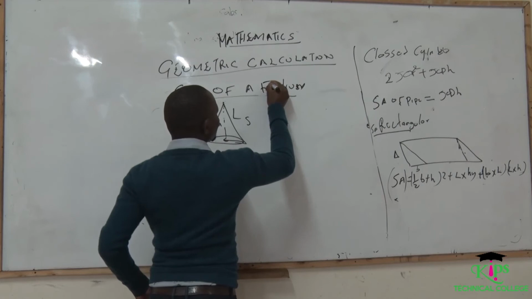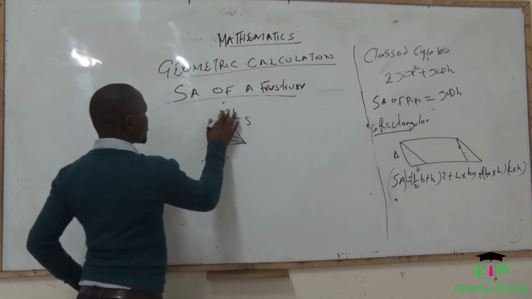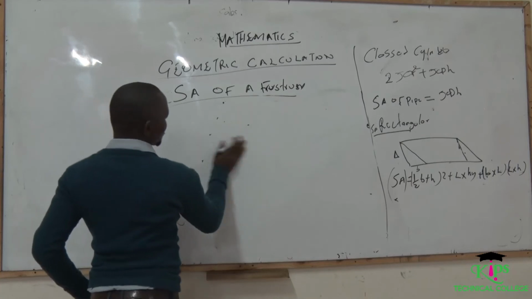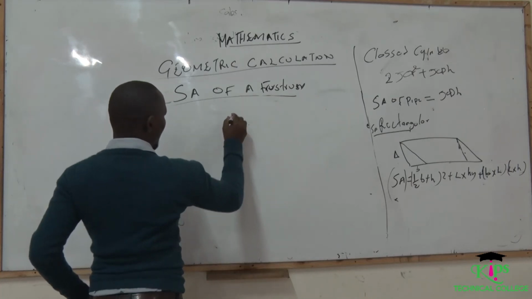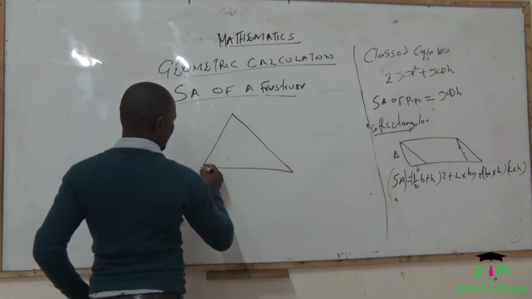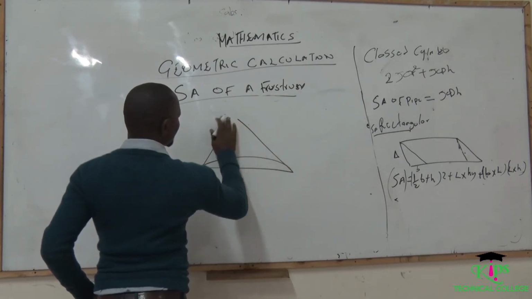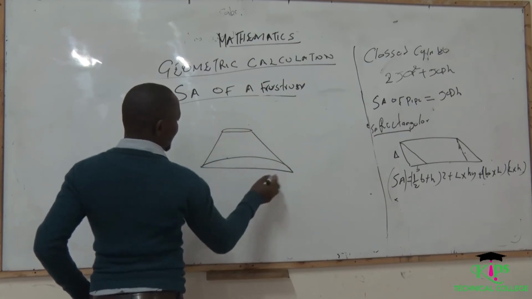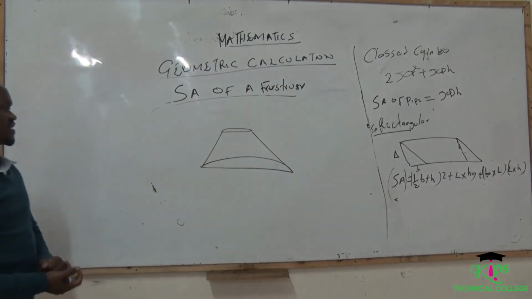A frustum is a cone that has been cut. So it's not a full cone. It's a cone that has been cut. So this is how the frustum looks like.